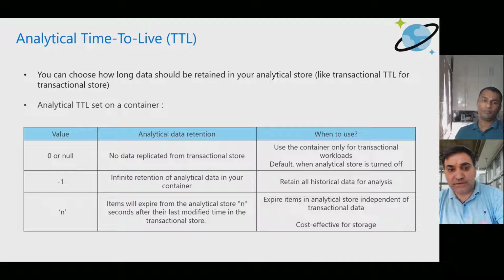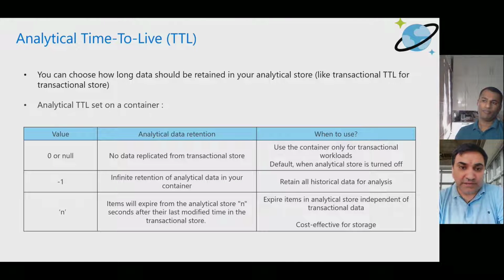Now you have TTLs, time to live, which is basically used for removing data which is not necessary. Now, all the data is necessary, so you need to have it in some form or shape. As soon as you enable analytical store, you have a copy of the data there, so you can get rid of the data in operational store.